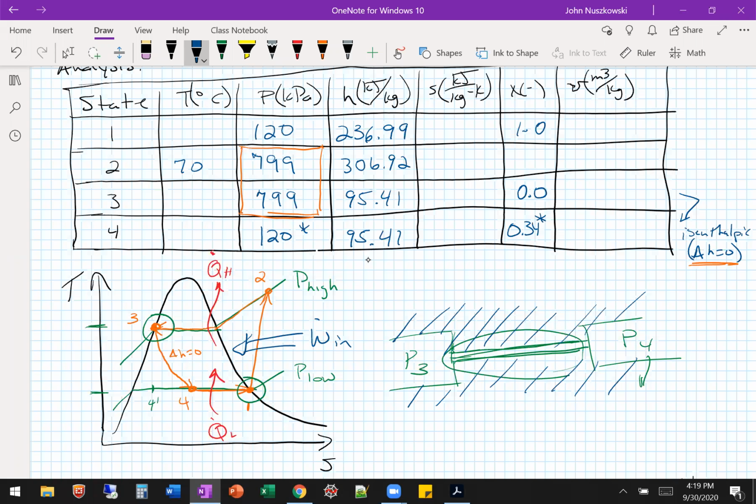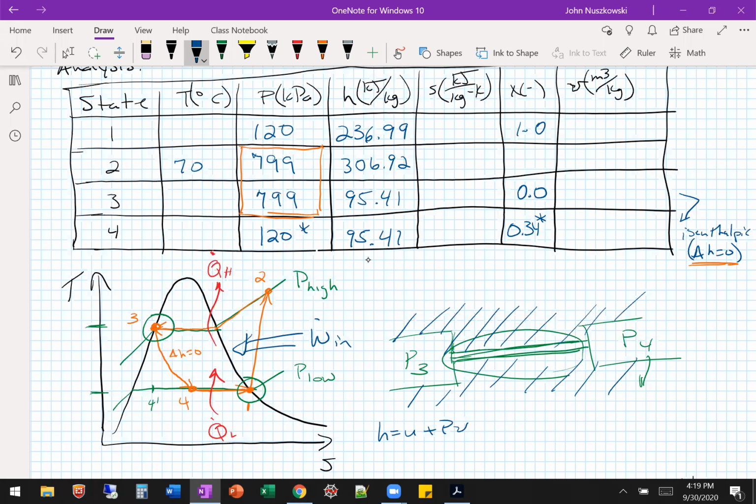You put your hands on it, it's going to feel cold, but it's negligible compared to the enthalpy, which is U plus PV, right?